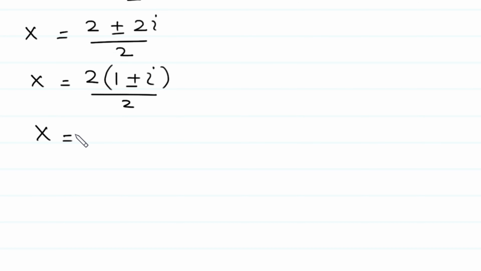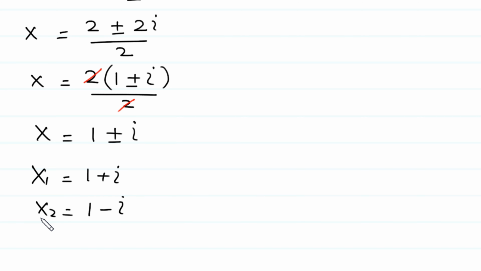This 2 will be cancelled with this 2, and here left 1 plus minus iota. It means x is equal to 1 plus iota and x is equal to 1 minus iota. These are the two values of x.